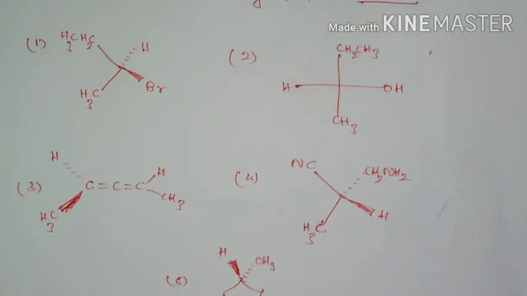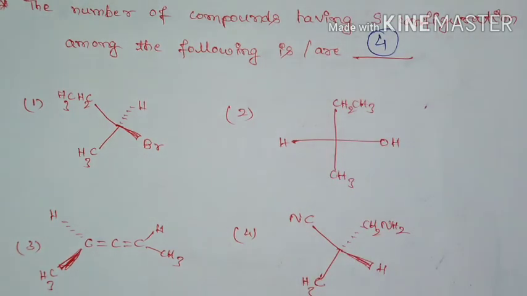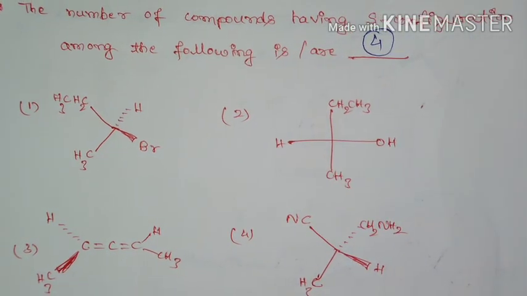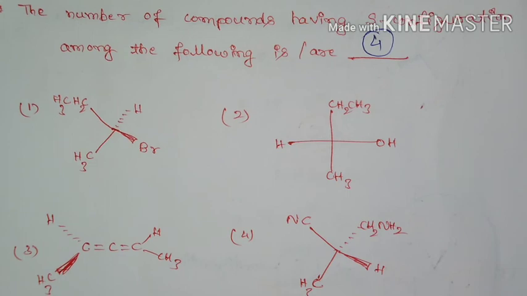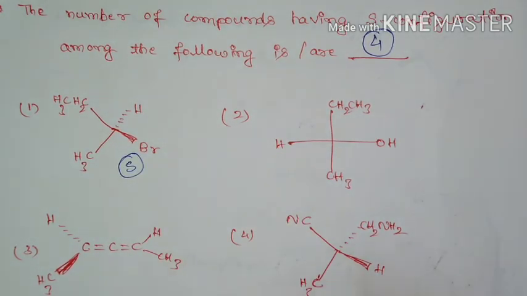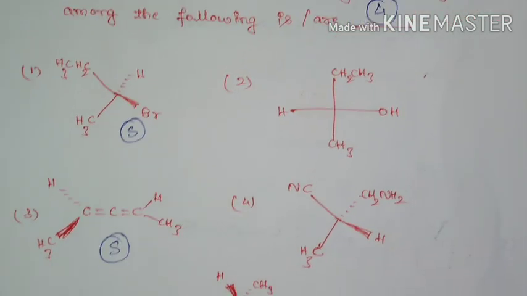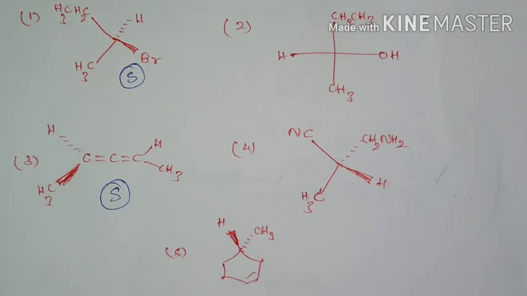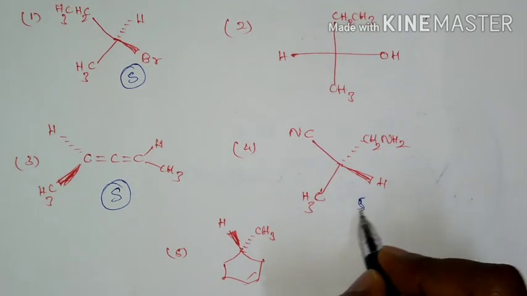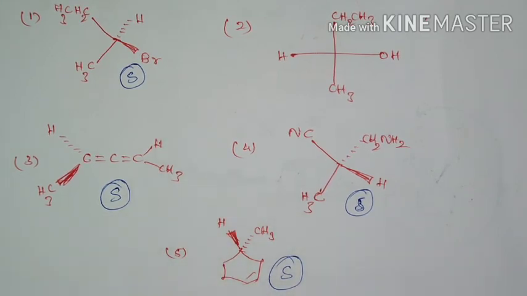The number of compounds having S configuration is 4. This one is also having S configuration, this allene is also having S configuration, and the last, fourth and fifth, all these 4 compounds have S configuration.